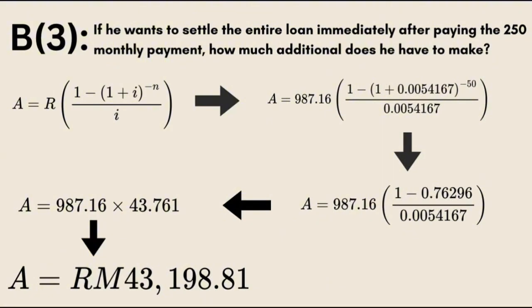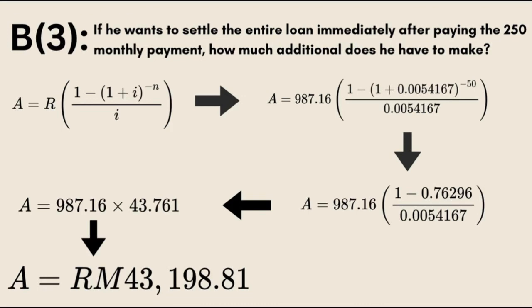For B3, to find the amount needed to settle the loan immediately after the 250th payment, I calculate the outstanding balance by finding the present value of the remaining 50 monthly payments. Using the annuity formula, we substitute the monthly payment R equals RM 987.16, the monthly interest rate I equals 0.0054167, and the remaining number of payments N equals 50.